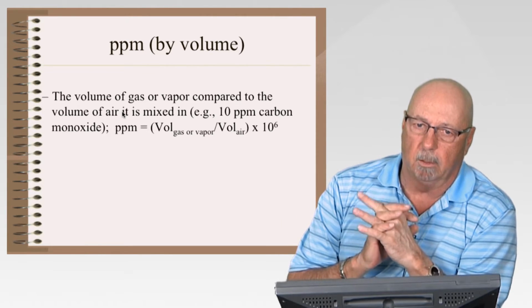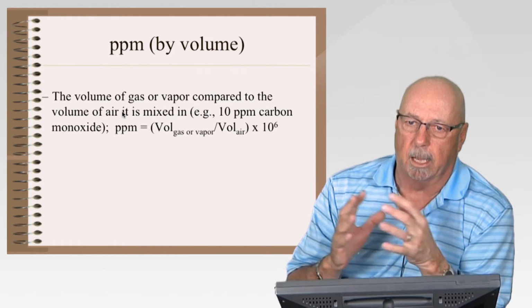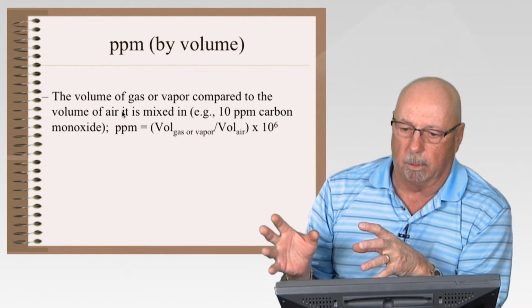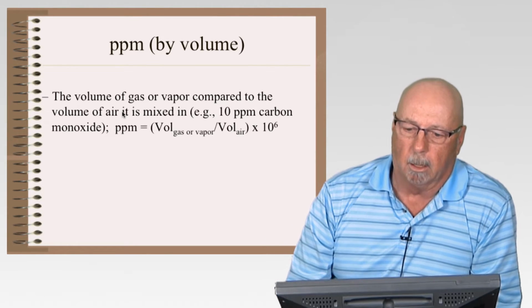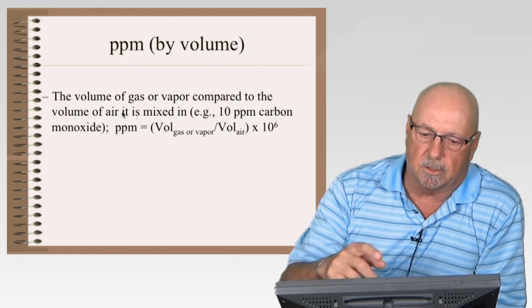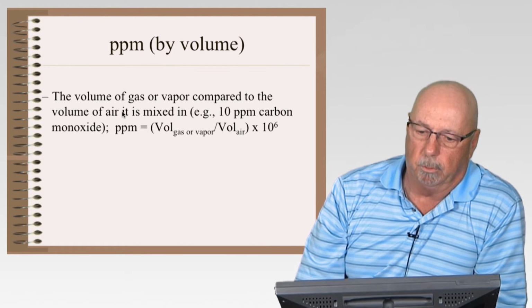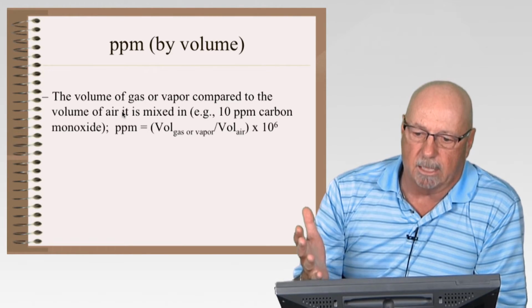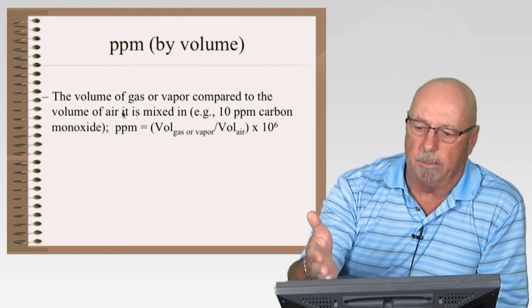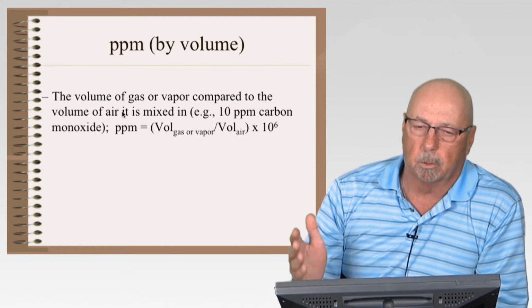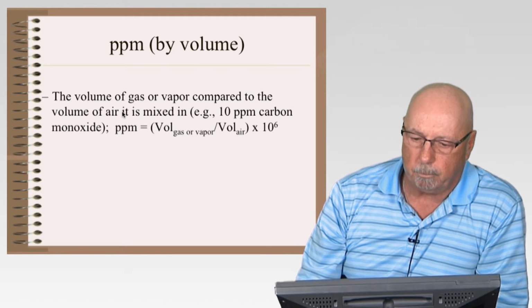So if we had 10 parts per million of carbon monoxide, we would have 10 parts per million of air. And so now we can express that part per million formula as equal to the volume of the gas divided by the volume of air times a million, and that's how we would derive a parts per million by volume.